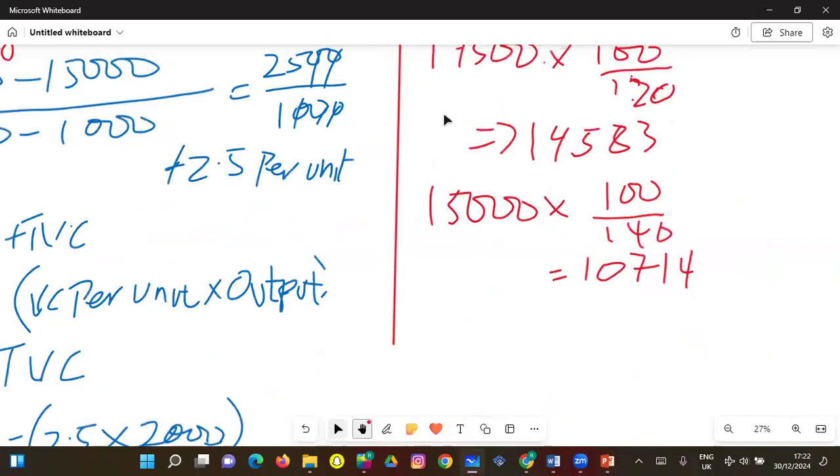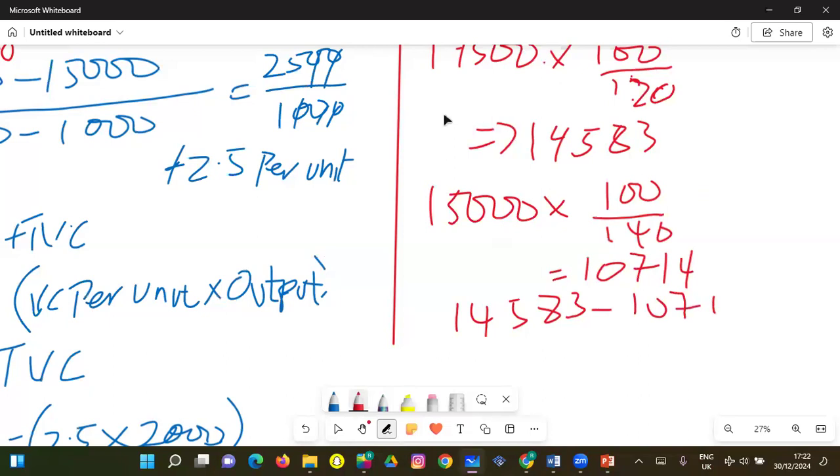So what we are going to do is find the change in activity level and the change in cost, which is 14,583 minus 10,714. Remember, change in activity level remains the same: 2000 minus 1000.